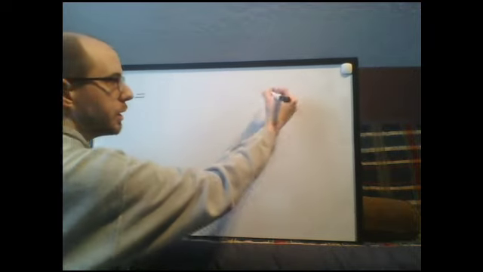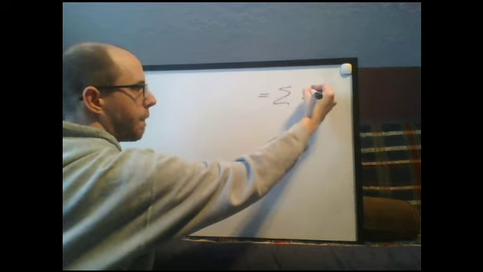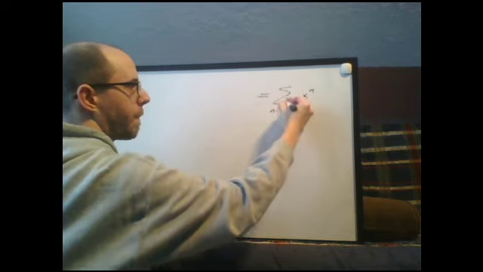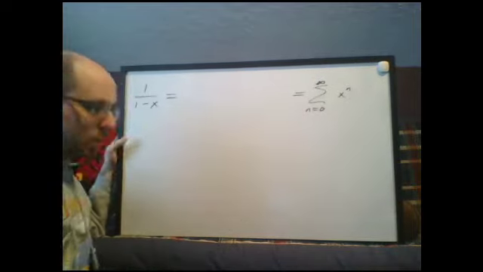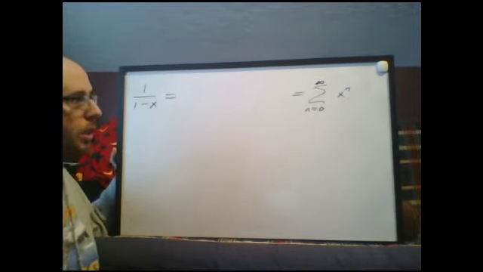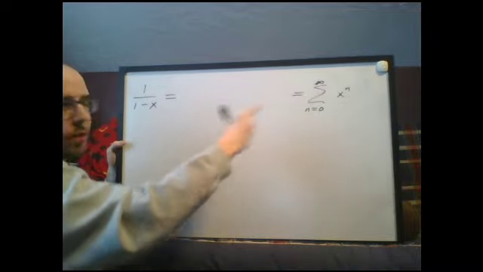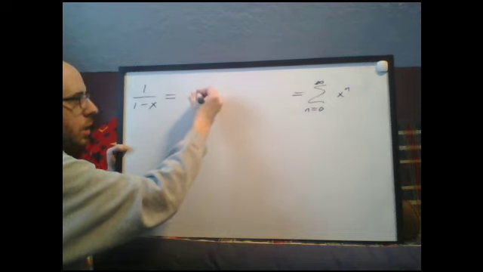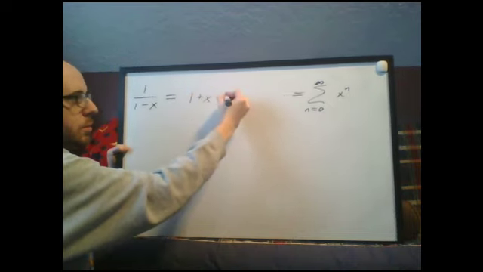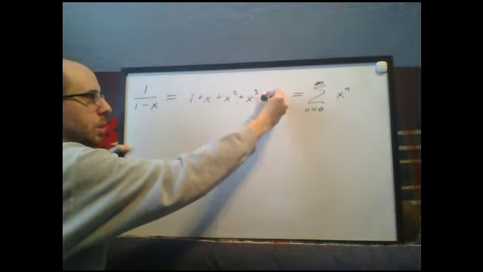Okay, so I want to write its power series. It's the summation of x to the n, n equals 0 to infinity. If I write that out term by term for a few terms, that's 1 plus x to the first plus x squared plus x cubed, and so on forever.